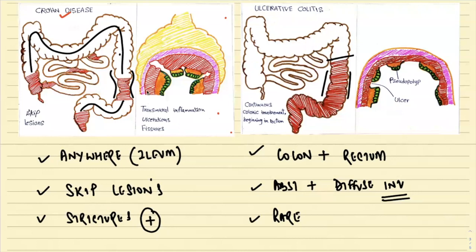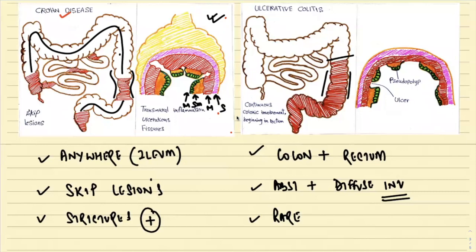One very important thing: because there is a stricture, that means there was some fibrosis. If you look at the thickness, this is the mucosa that we are looking at, this green portion. Beneath that is the submucosa. This red layer is the muscle layer, and then the pink layer is the serosa.